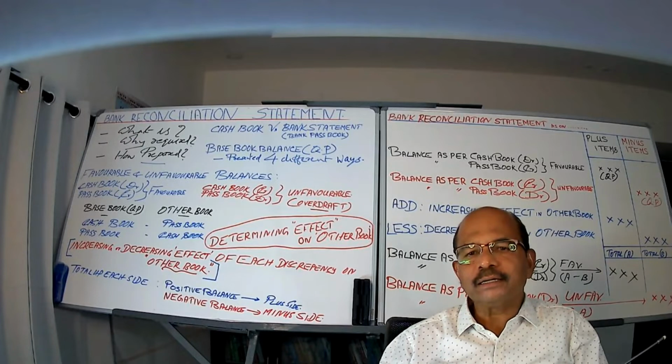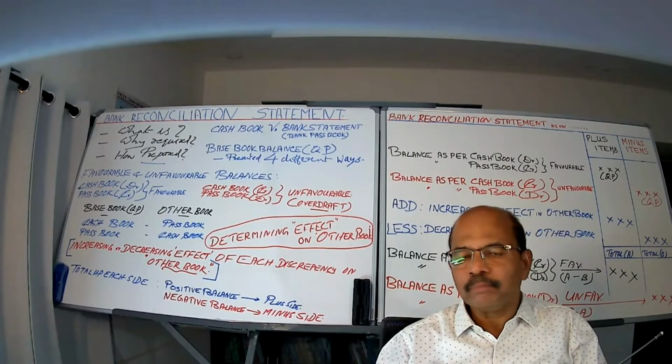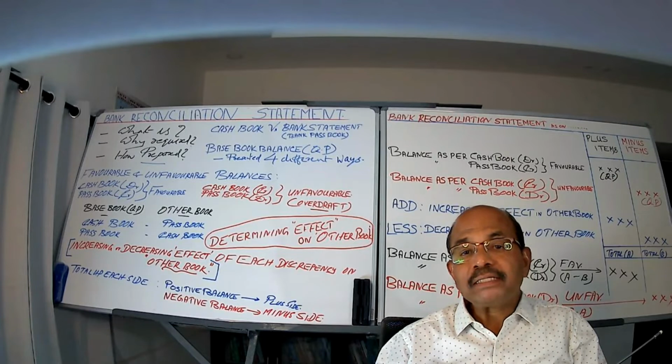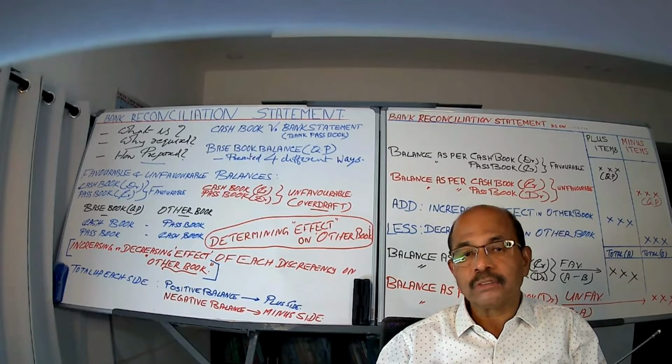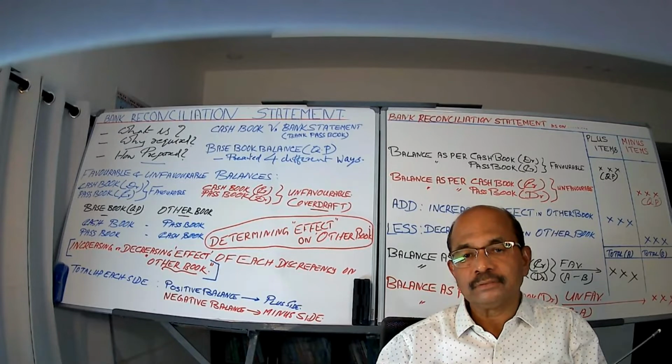The moment I deposit the check into the bank, my balance will go up in the cash book. We know that. But the banker may not instantly affect the check in his books of accounts. He may have to wait till the check is cleared. That may take another 2-3 days.